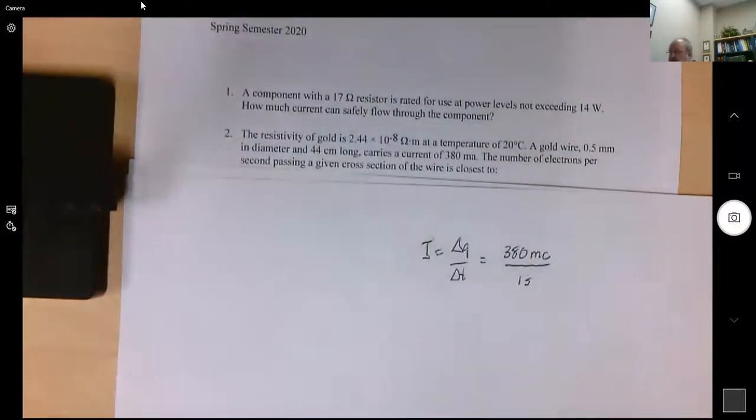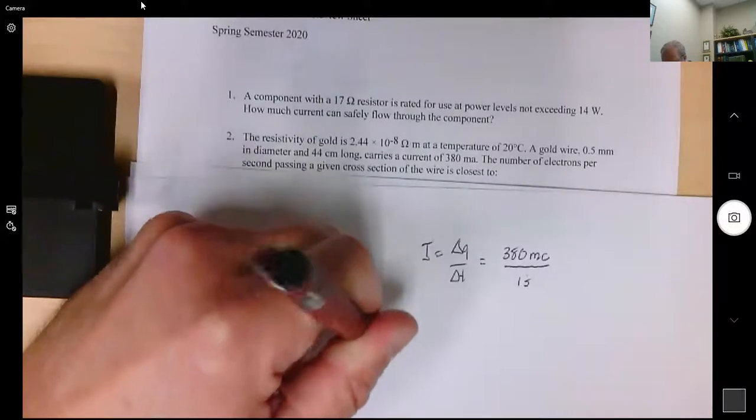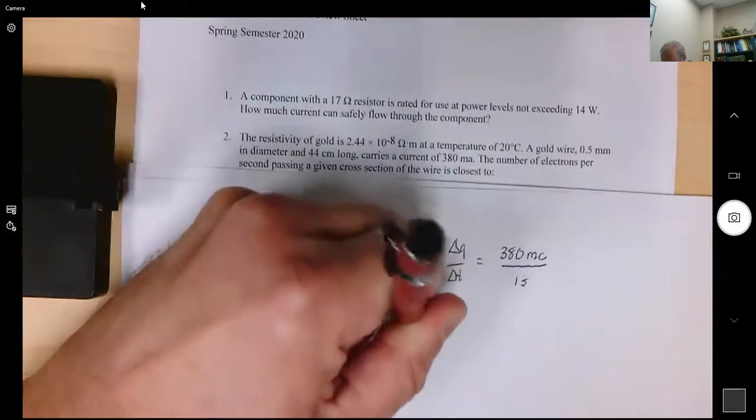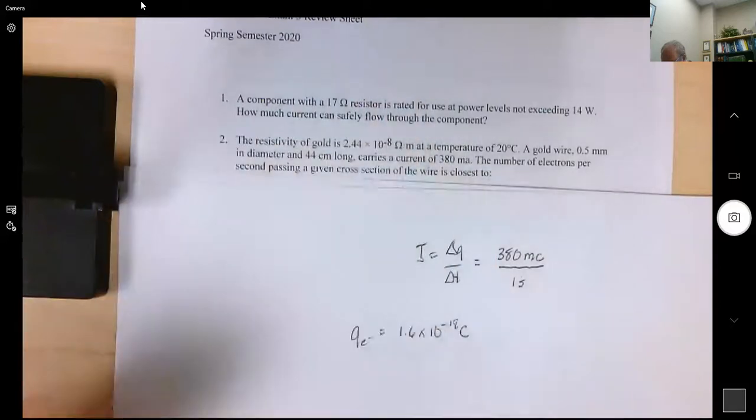Okay. And we know that an electron is equal to 1.6 times 10 to the negative 19th coulombs.